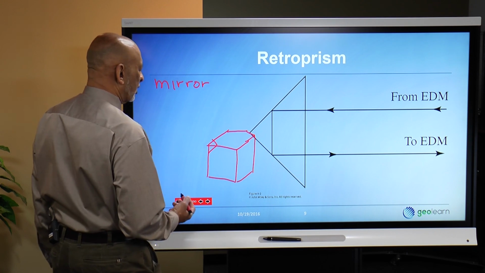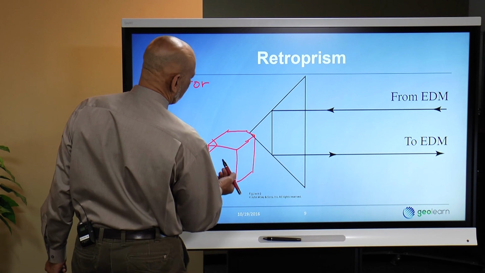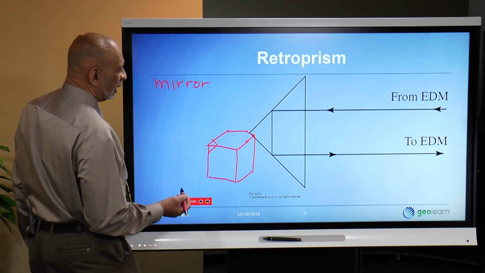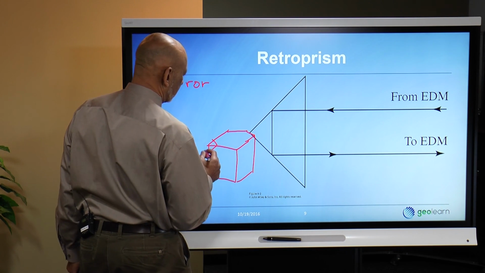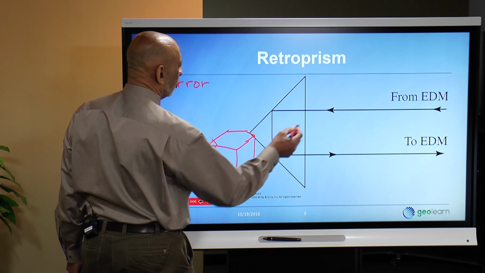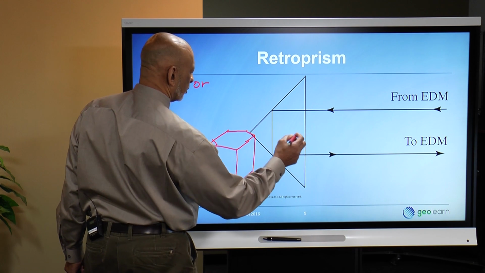And what you are essentially doing is sending your light from the EDM into that face where you made the cut. And so what happens is you have three faces that are at right angles to each other. And the light comes in, reflects, and comes back out.